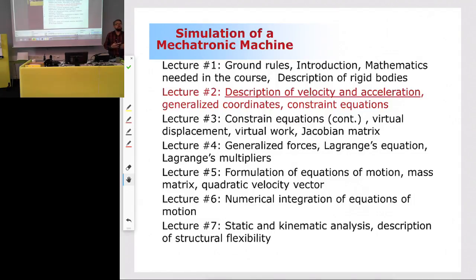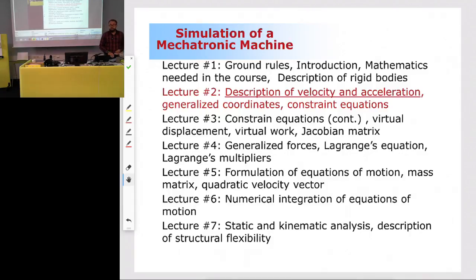We will just look at the kinematics, and we will learn how to conduct the kinematic analysis, which is a motion analysis. Nothing to do with the forces. It's just how we describe the motion at position, velocity, and acceleration level. Okay?